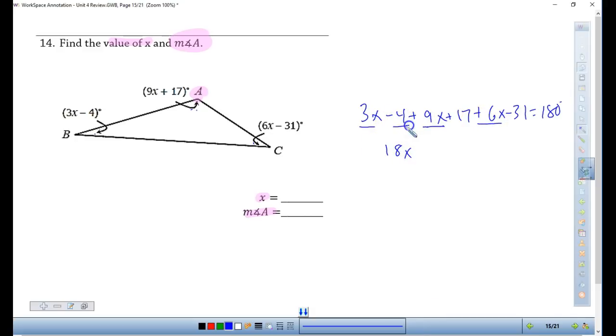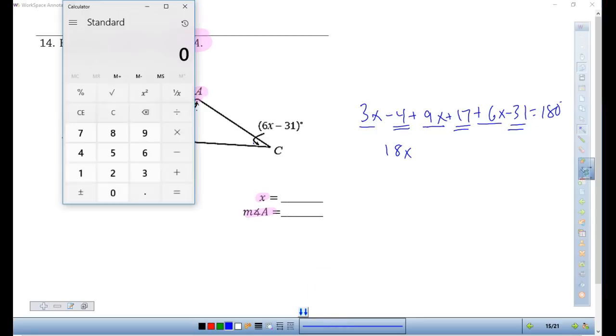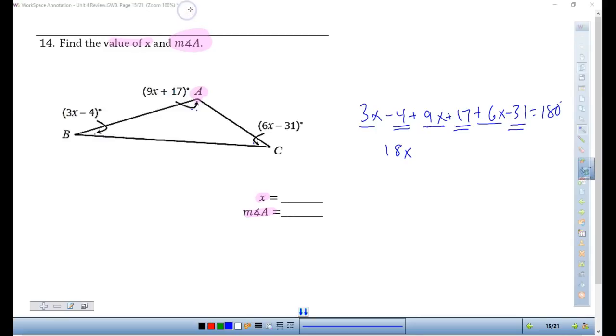And then negative 4 plus 17, that's 13, minus 31. So 13 minus 31 is negative 18. Oops, I accidentally put equal. So combined like terms, 18x minus 18 equals 180.